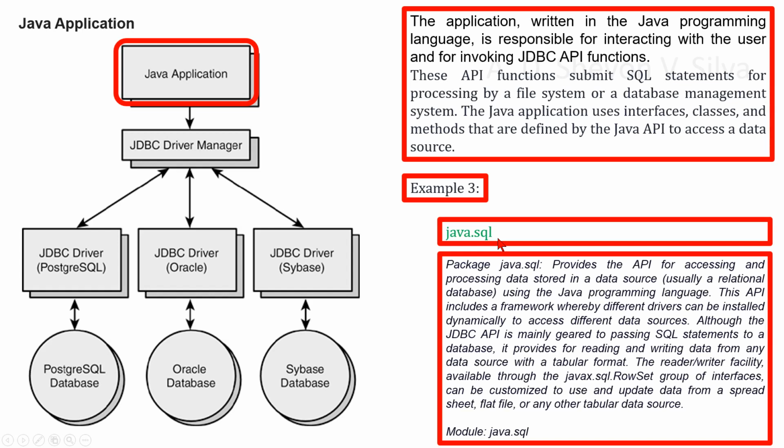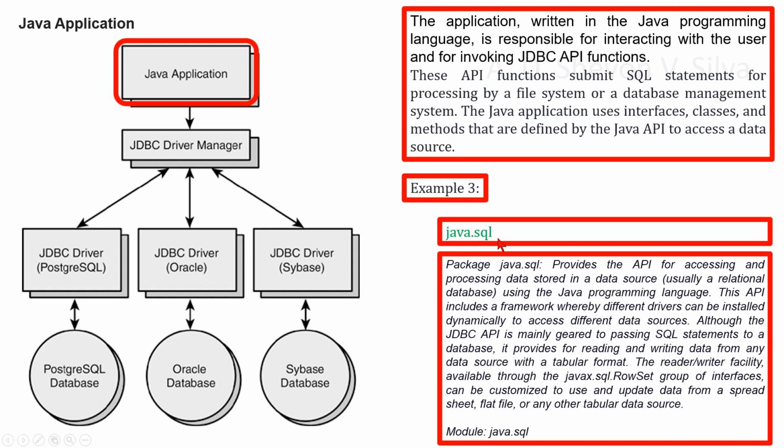Although the JDBC API is mainly geared to passing SQL statements to a database, it provides for reading and writing data from any data source with a tabular format. The reader-writer facility available through the javax.sql.rowset group of interfaces can be customized to use and update data from a spreadsheet, flat file, or any other tabular data source. This package is in module java.sql.